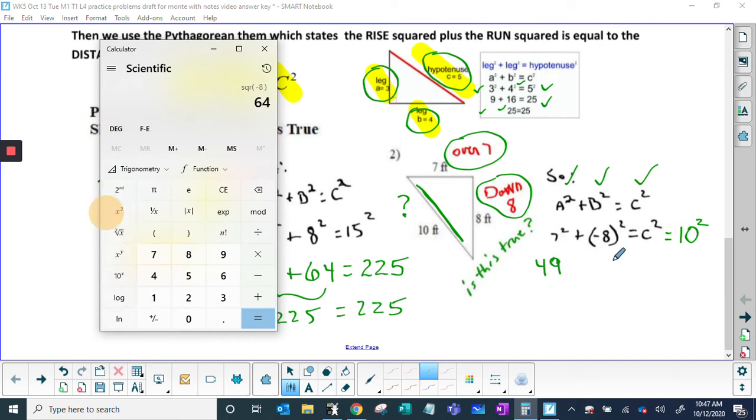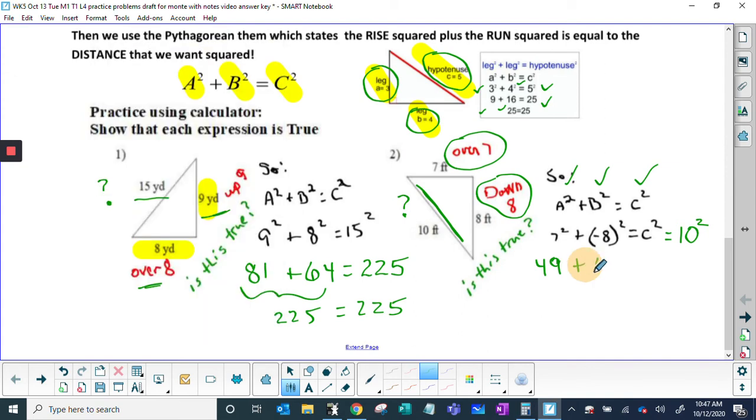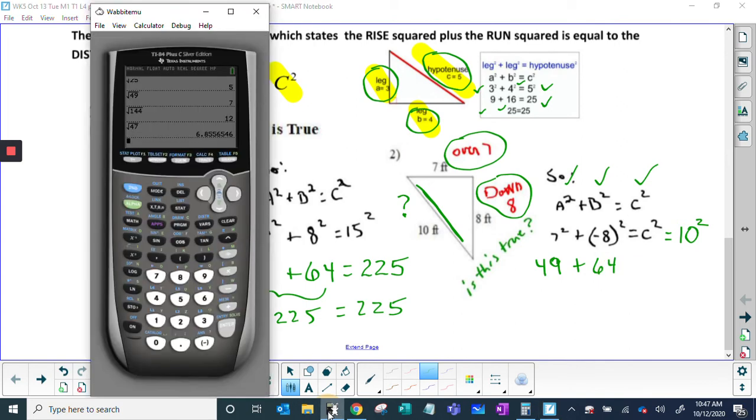Now watch this. These fancy calculators. Watch what happens. 7 squared, 49. Negative 8 squared.